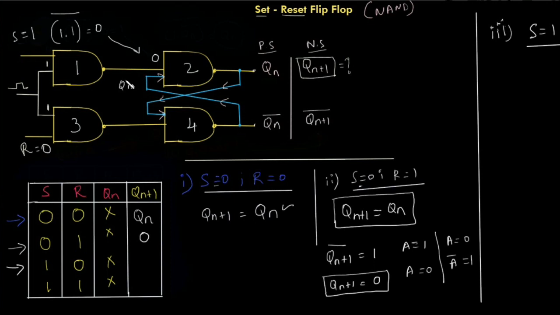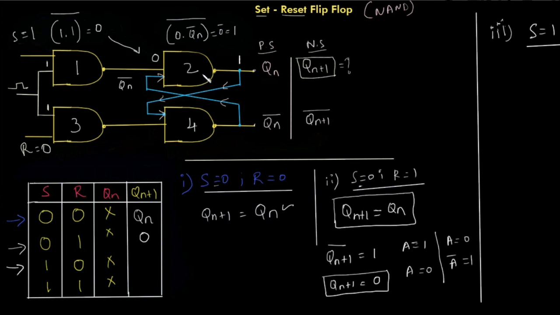So how do you calculate this? 0 from NAND gate number 1 and also Qn bar from NAND gate number 4, whole bar. Anything dot 0 is 0, and 0 bar is equal to 1. And this 1 will be the output for NAND gate number 2. And what is Qn+1?